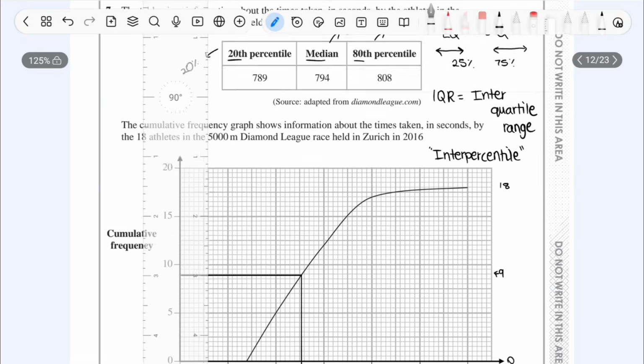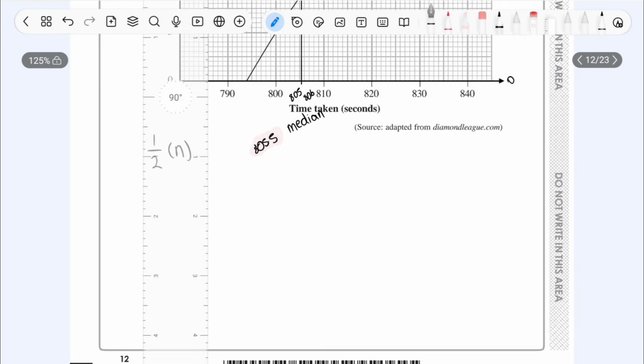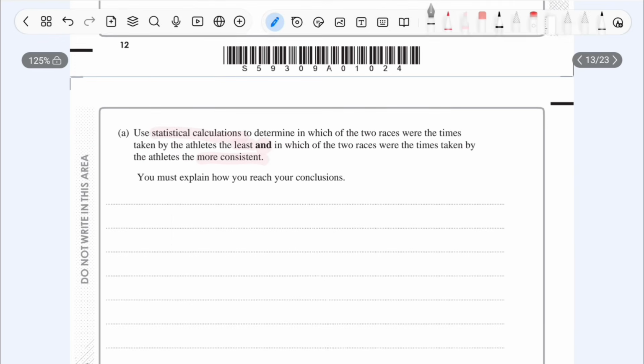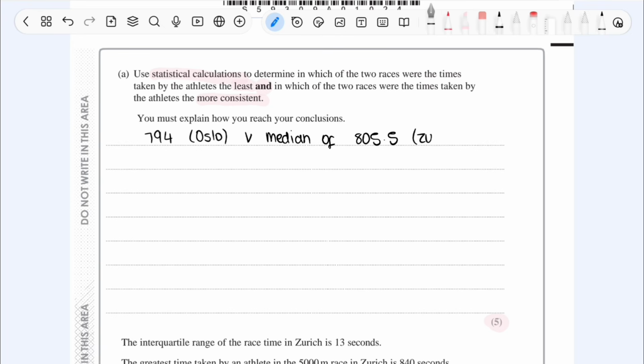So if we look at the median of Oslo, it was 794. So let's compare 794 to 805.5. 794, which was for Oslo, versus the median of 805.5, and this one was in Zurich.